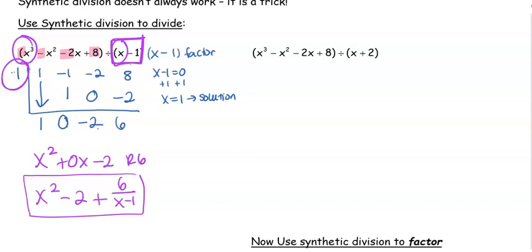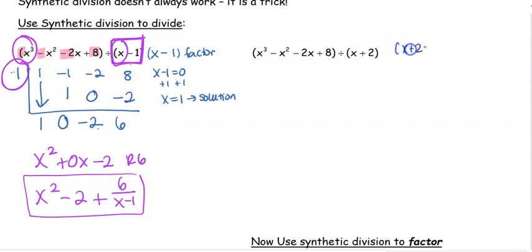It is a solution. If it does not divide evenly and you have a remainder, it means it is not a solution. It is not an x-intercept. And I know we talked about that up here as factor and solution. That is according to from where we started. But if I were to graph this, I would see that there is not an x-intercept at 1. All right, moving on.